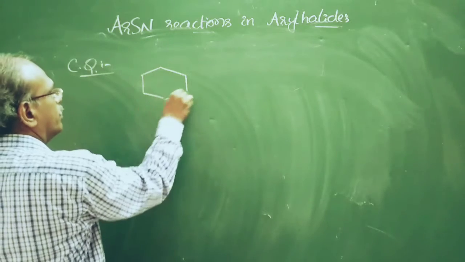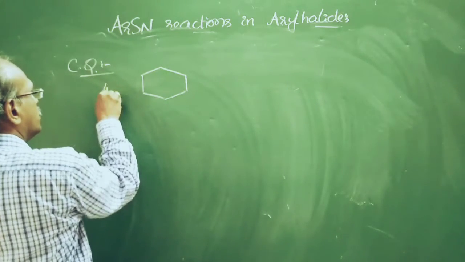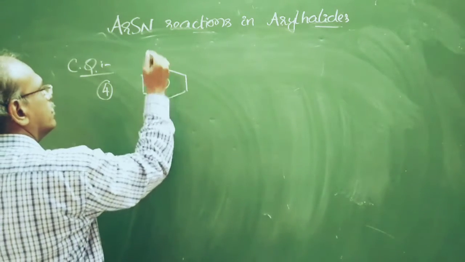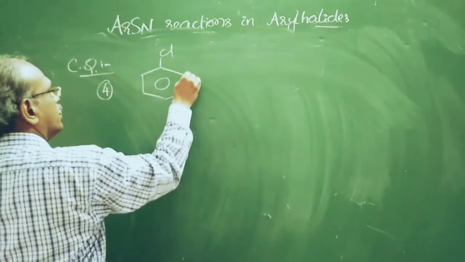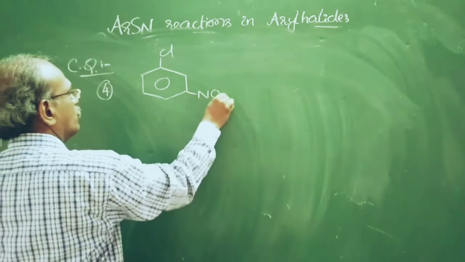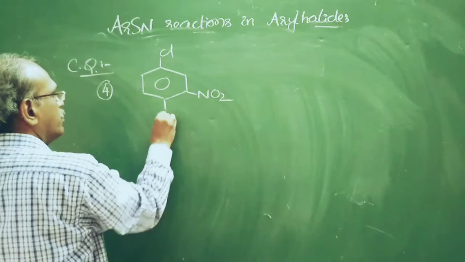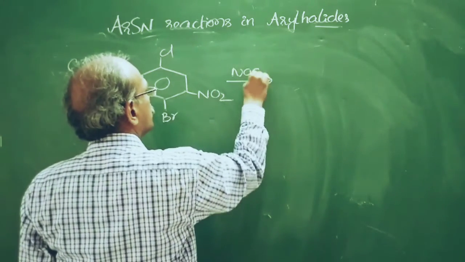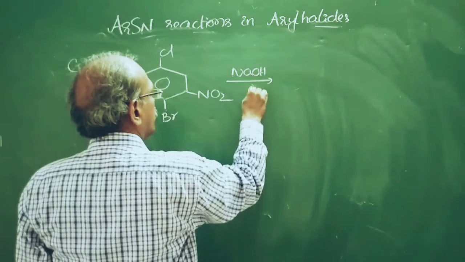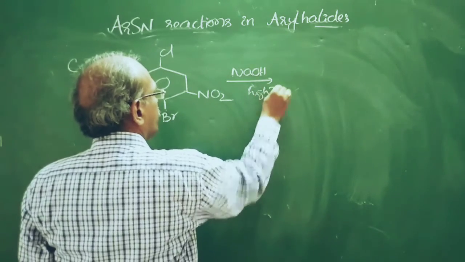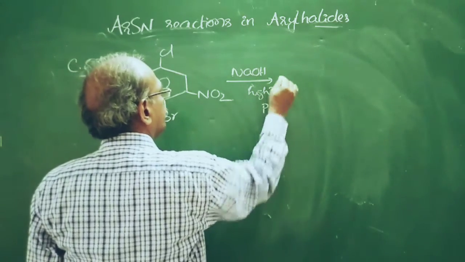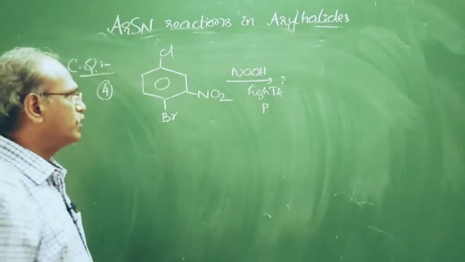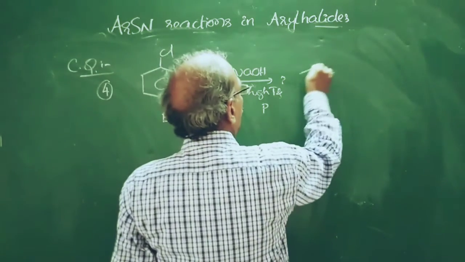If they have given, say this may be the fourth question, I think. Cl, here NO2, and here Br, NaOH. What is the product here? What is the product? See the possibilities.